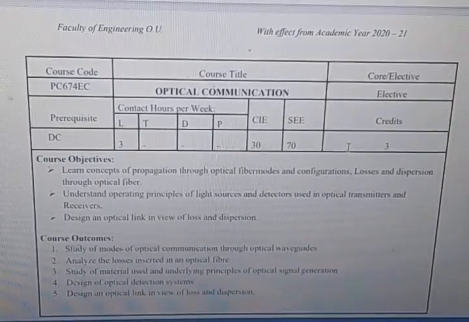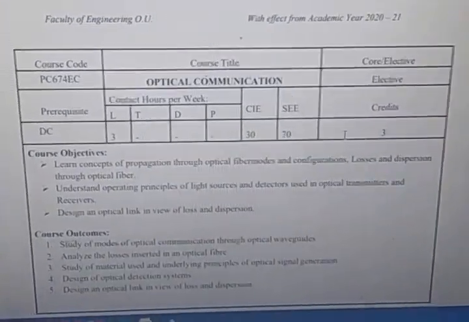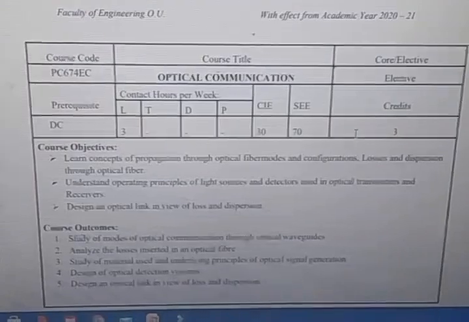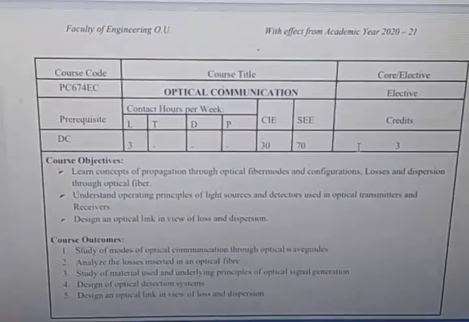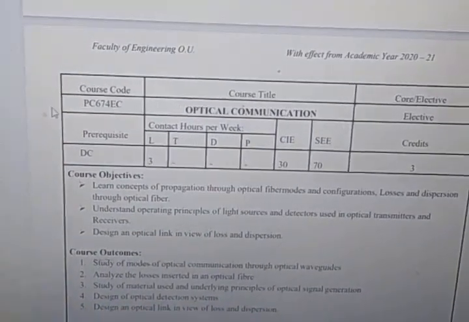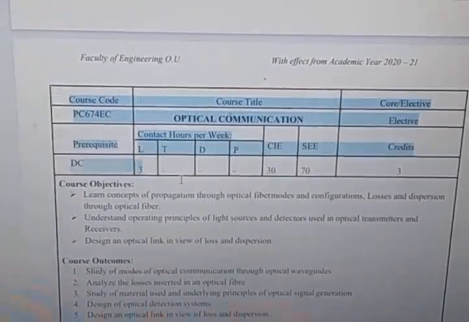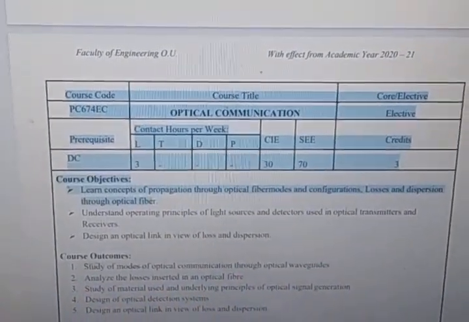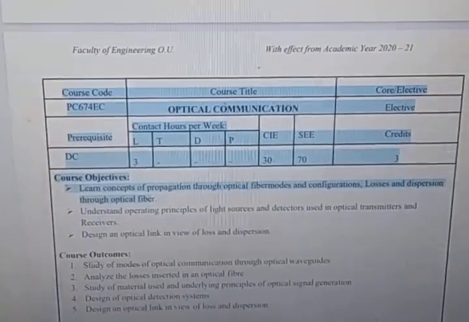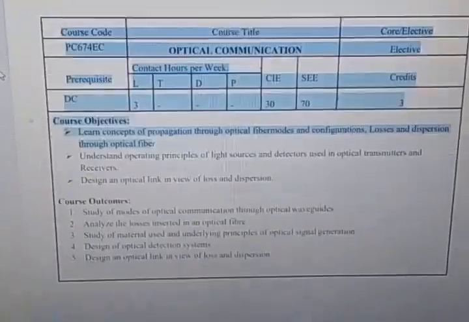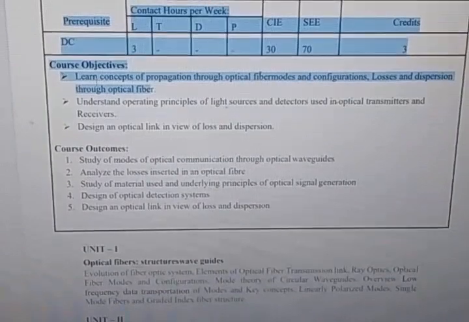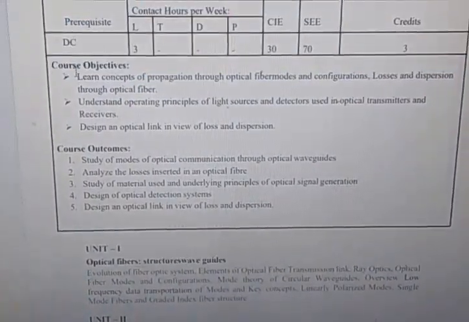So students, let's move to the subject and the complete syllabus you have. Optical communication has the subject code PC 674 EC. In this we will learn the course objectives, what you are going to learn after completing this whole subject.